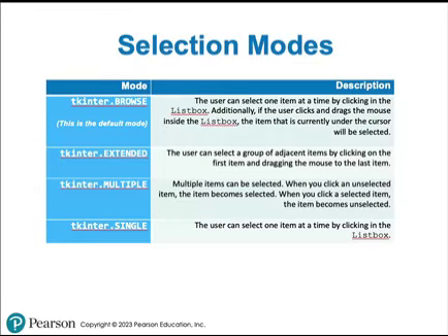There are different selection modes that you can use. The default mode is browse, and the user can select one item at a time by clicking on it, or you can select adjacent boxes by dragging through them.